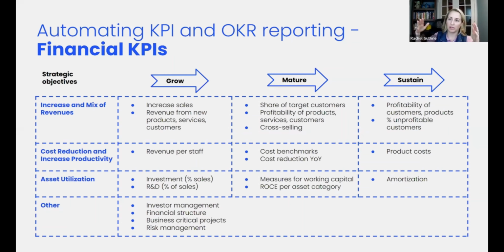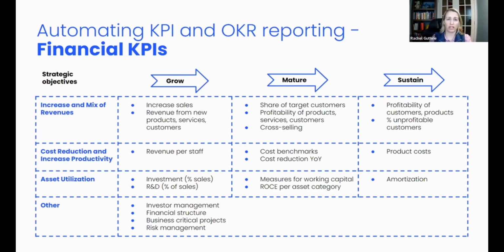This is an example of financial metrics that you can propose based on the stage that your company's in in terms of growth. Maybe your company's already got KPIs figured out and they're already tracking towards them. But if they're growing, they might want to look at increasing sales, maybe year over year or compared to plan. Revenue from new products, services, and customers.